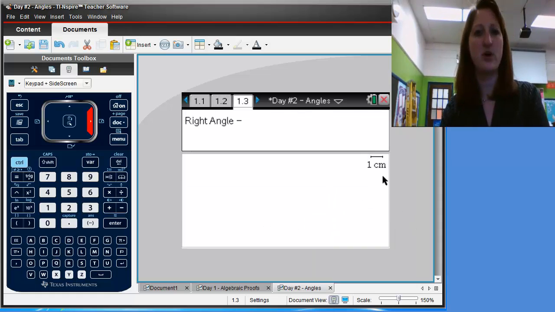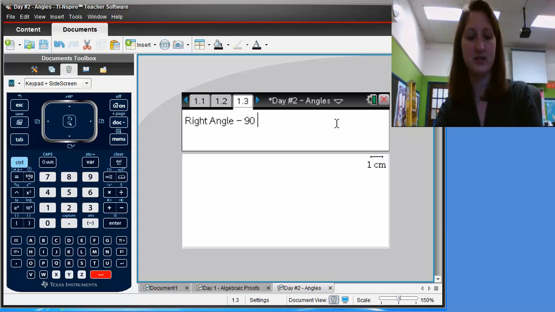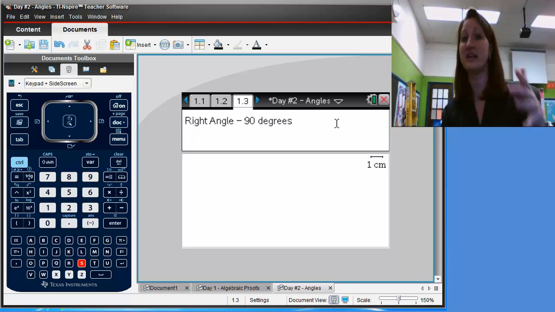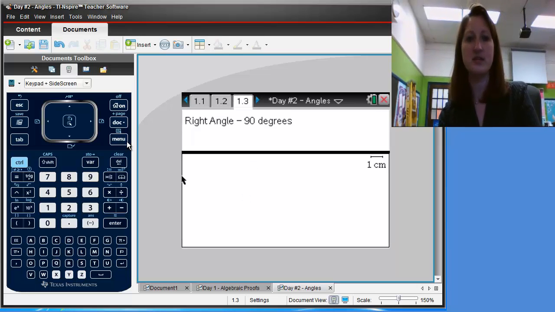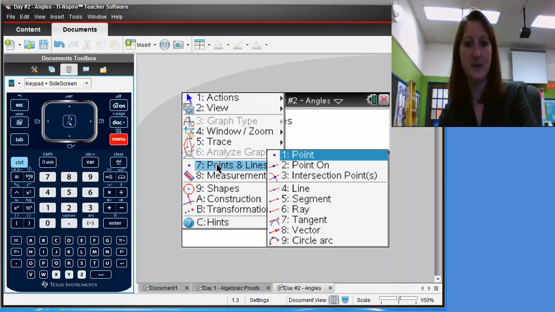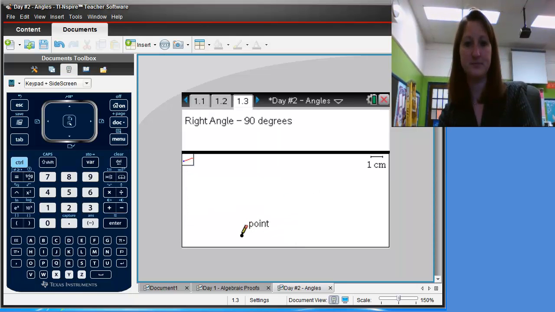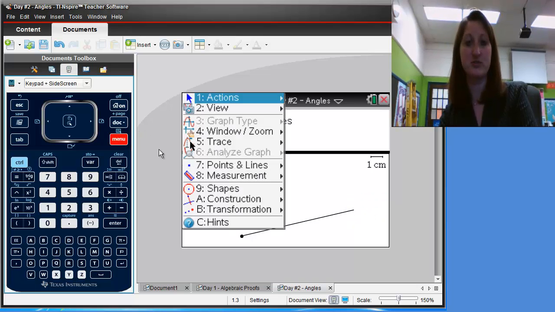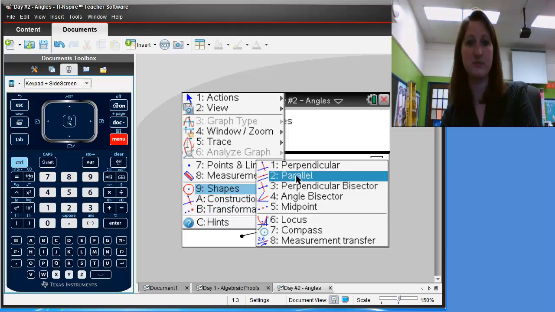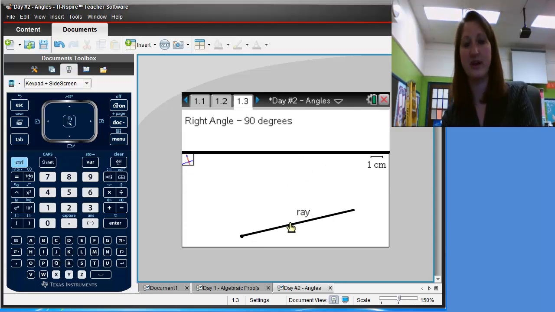A right angle is always going to be 90 degrees. It's not less than, it's not more than, it's not even 90.2. It has to be exactly 90 degrees. So again, down here we're going to start off with a ray. And then to make sure that I have 90 degrees, I'm going to construct something perpendicular to that ray, and I want it to go through that point.